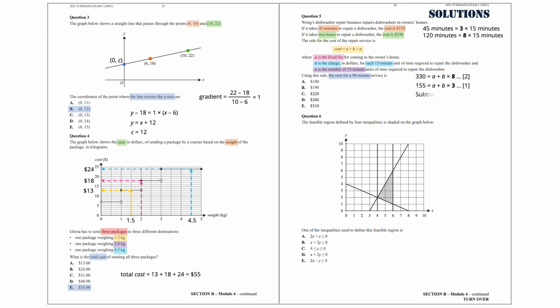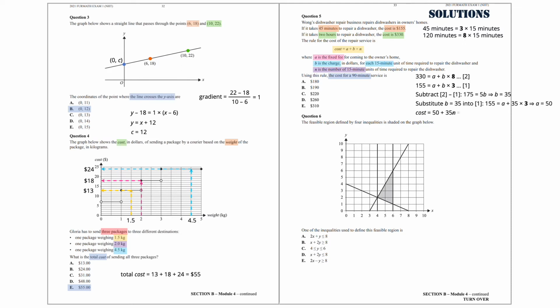We subtract equation 1 from equation 2, and that gives us 175 equals 5b. Therefore, b equals 35. We substitute b equals 35 into equation 1, and we end up with a equals 50. So the equation for the cost is equal to 50 plus 35n.